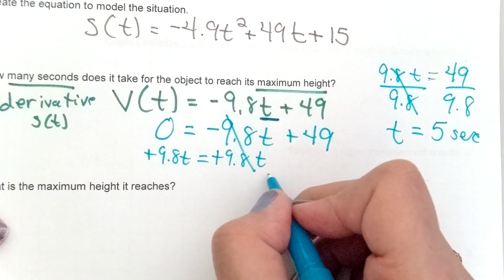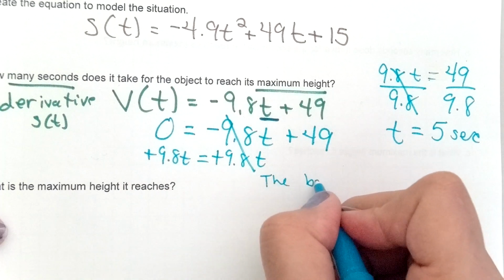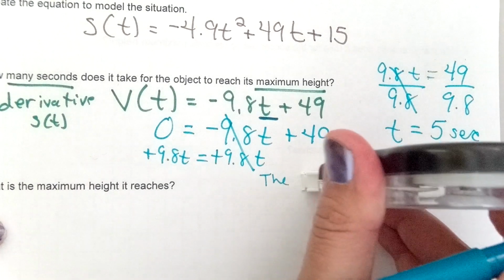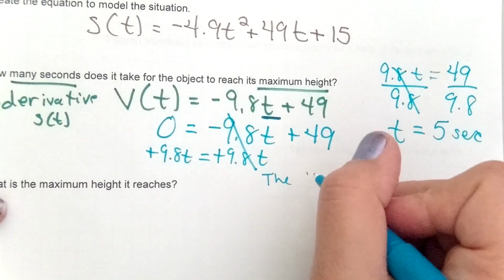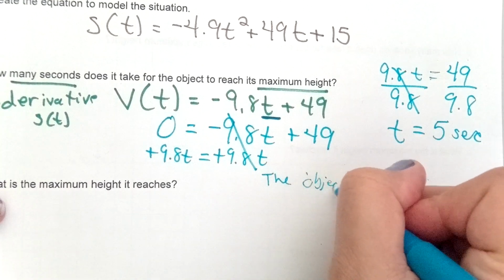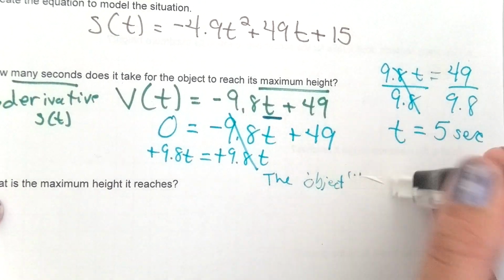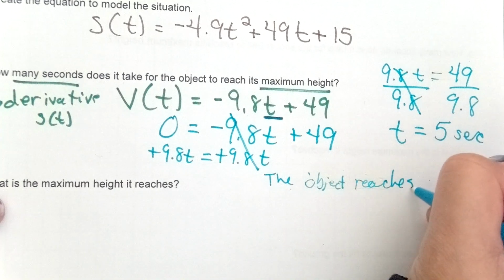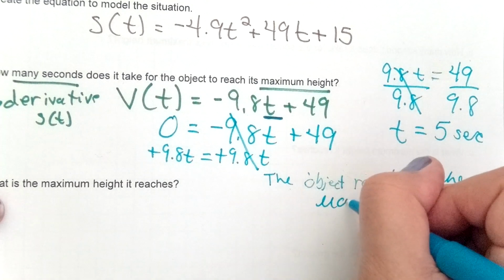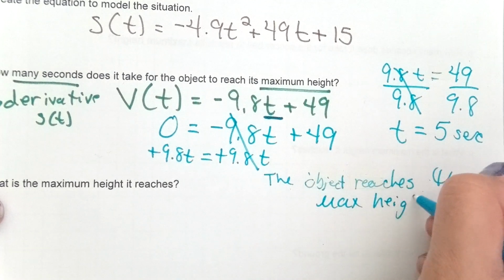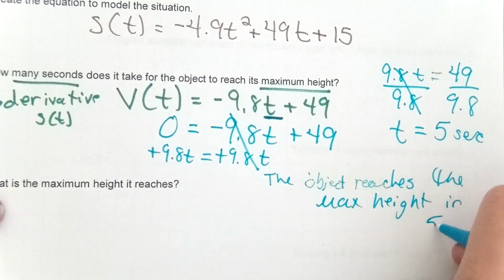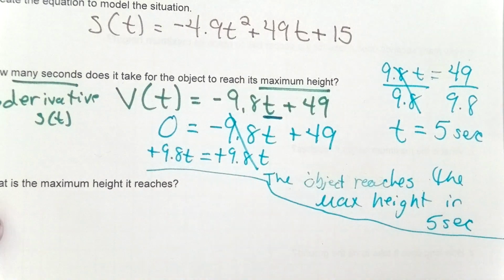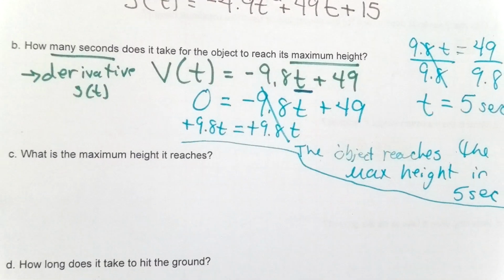Don't forget to write your sentence. The object reaches its maximum height in 5 seconds. You will not get full credit on your assessment if you do not include your statement.